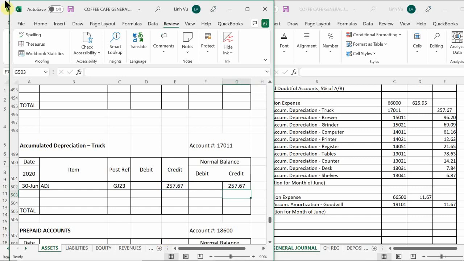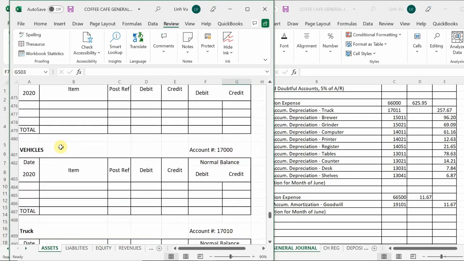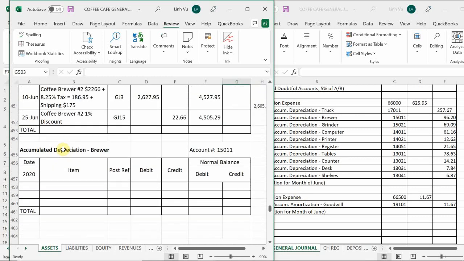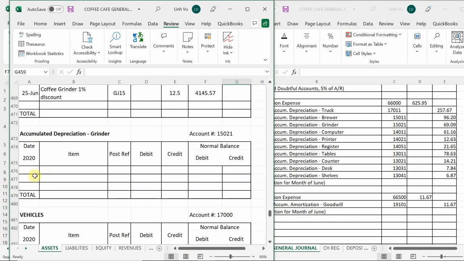Okay. Next one we have is the coffee brewer and the coffee grinder. So here's the brewer. For the $96.20. Okay. Then the grinder is for $69.09.